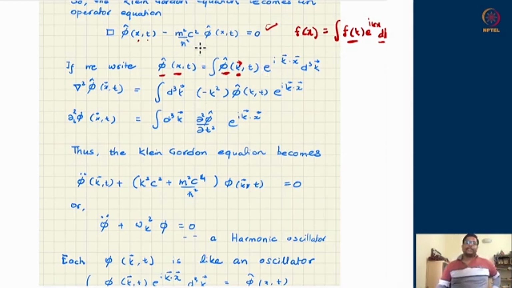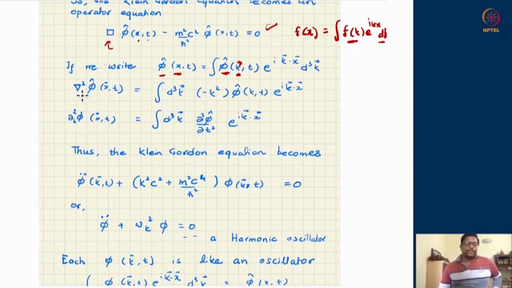Okay, if that is the case, then I should do the Laplacian and the time derivative which appear in this box operator. Remember, the Laplacian hides three double derivatives in it: double derivative with respect to x, with respect to y, and with respect to z.